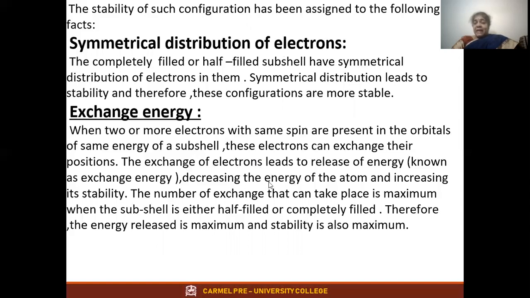So the energy of the atom decreases, and therefore the stability of the atom increases. That is why every element will try to attain either a fully filled or half filled configuration instead of a partially filled configuration. Okay, so keeping this in mind, we'll go for the next example.